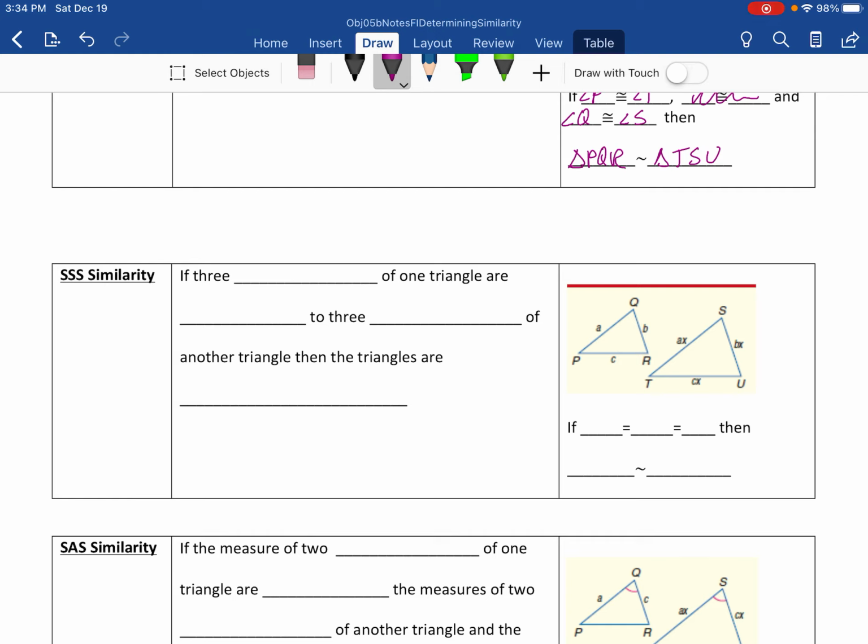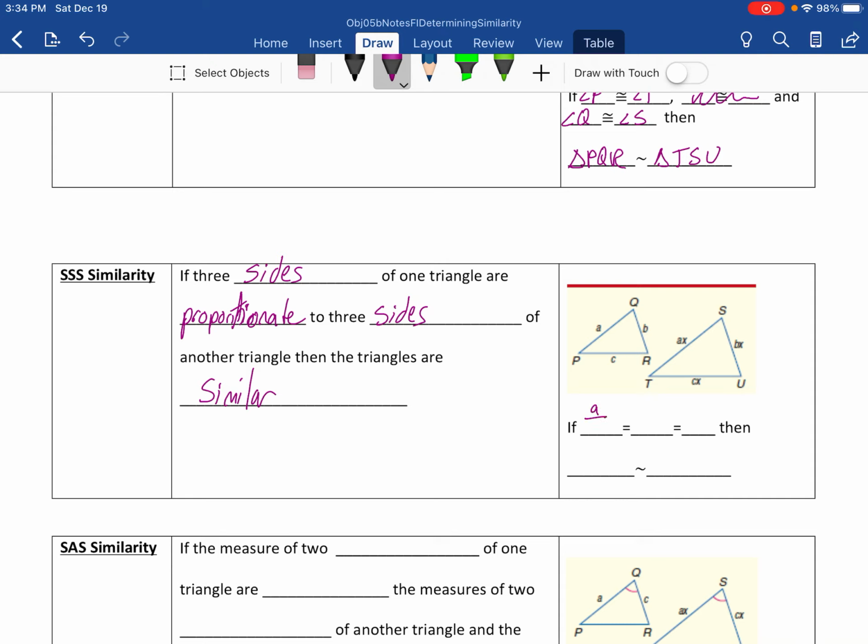This one says there is side-side-side similarity, but it's not that they're congruent. If 3 sides of one triangle are proportionate, make the same fraction, to 3 sides of another triangle, then the triangles are similar. We did that with the last unit.